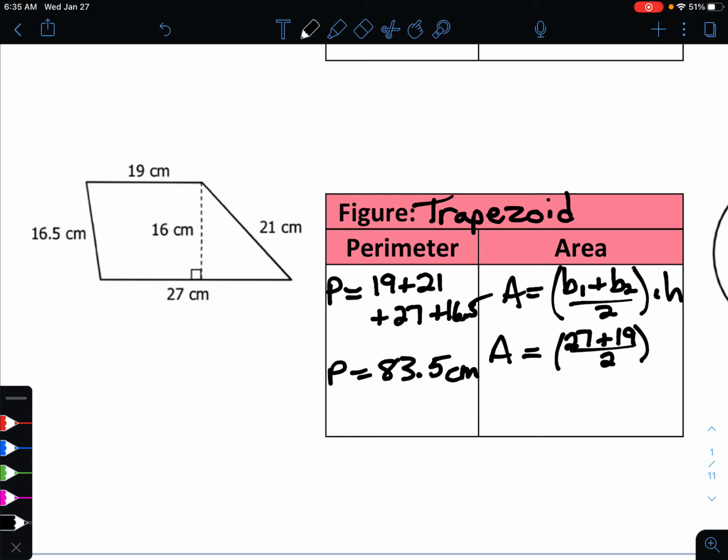We're going to divide those by 2 and then multiply by our height, which, let me go ahead and fill in the height as well. That would be the 16. So here are your base 1, your base 2, and your height. And then really at this point, probably the best thing that you could do would be to just type those into your calculator. And when you do, you should come up with 368 centimeters squared.